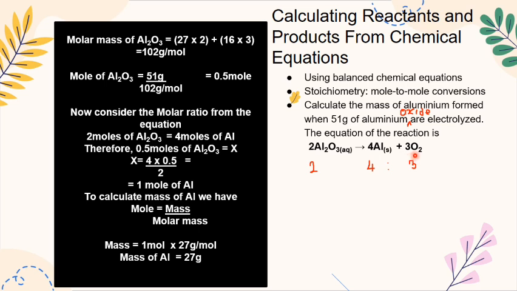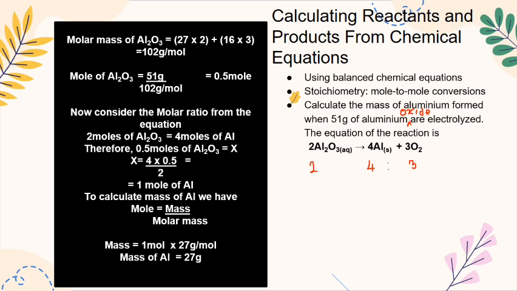Okay, so now we can easily say that we have 4 moles of aluminium and 3 moles of oxygen. So we can say the mole ratio here is 4:3, while the mole of the aluminium oxide is just 2.